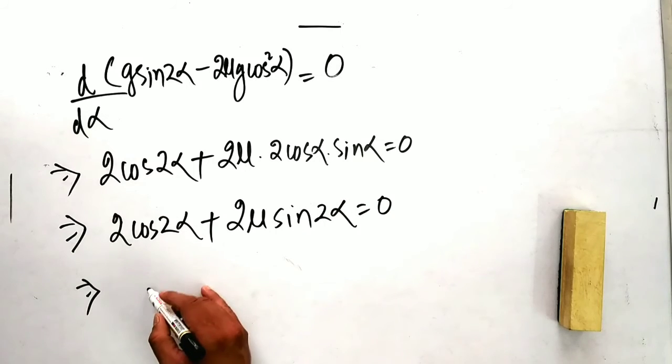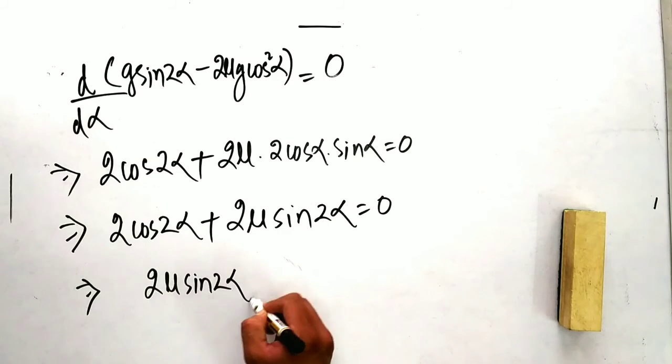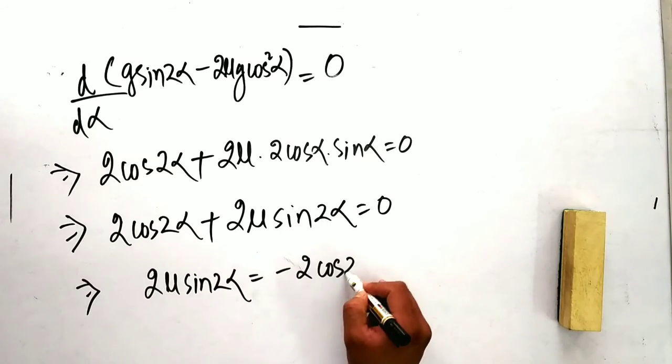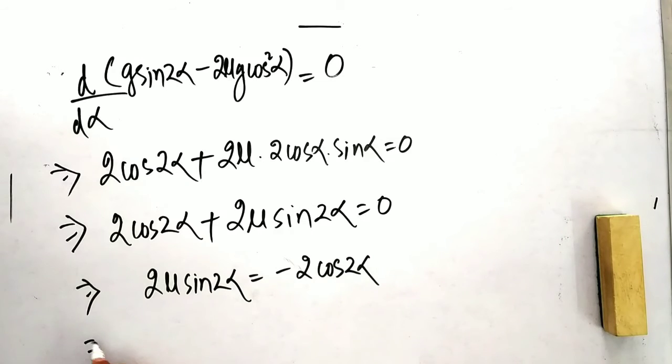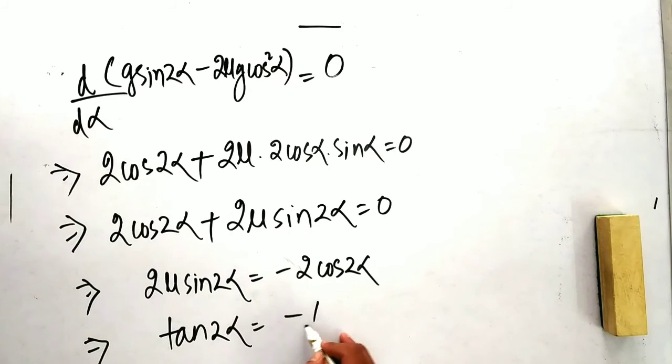This implies that 2 mu sin 2 alpha is equal to 2 times cos 2 alpha, which gives us tan 2 alpha equals 1 by mu, and here is where we end at, because this is the value of alpha at which we have the minimum value of t.